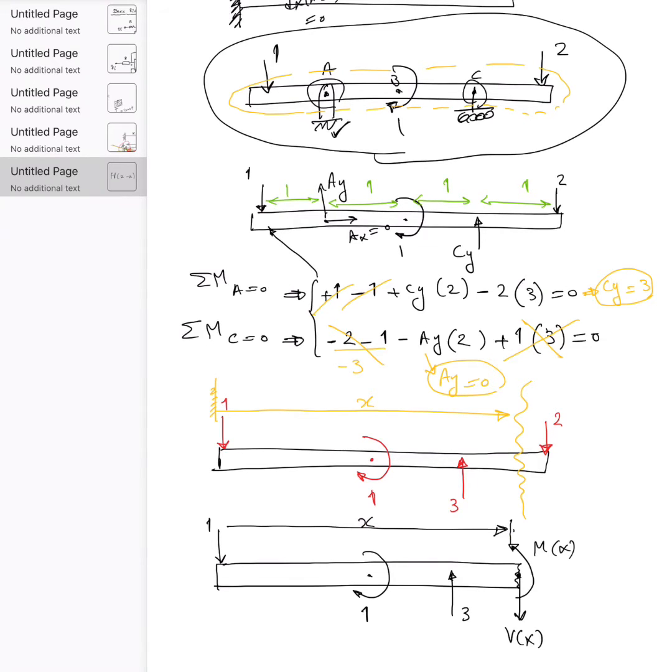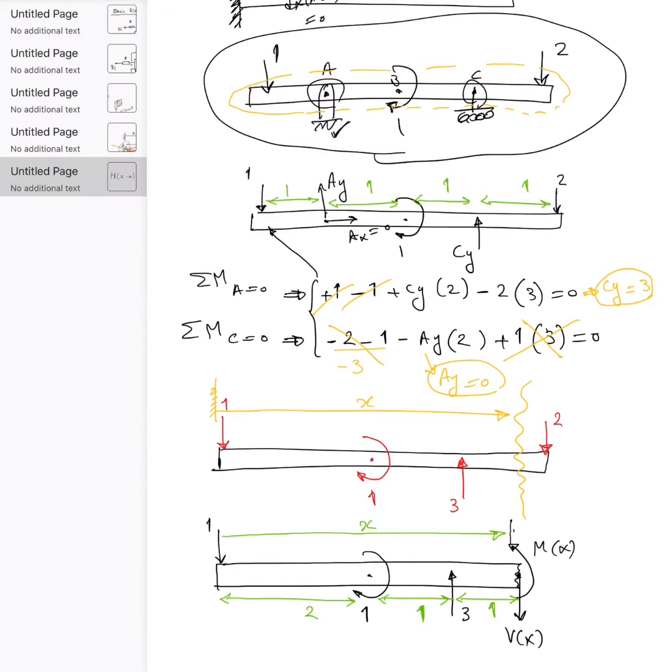Other distances, I want to pick another color for distance. I wish I could draw this distance with also green. Alright, so pick the green pen. From here to here is x, and then from here to here is 2, from here to here is 1, and from here to here is also 1, and that's all.